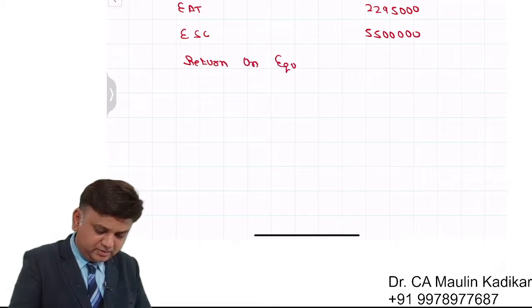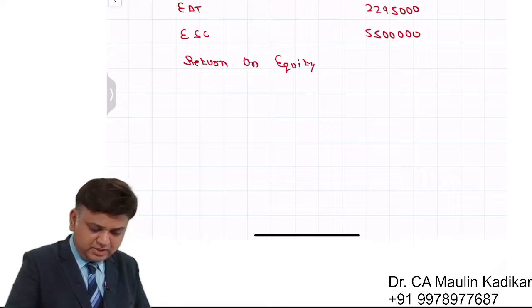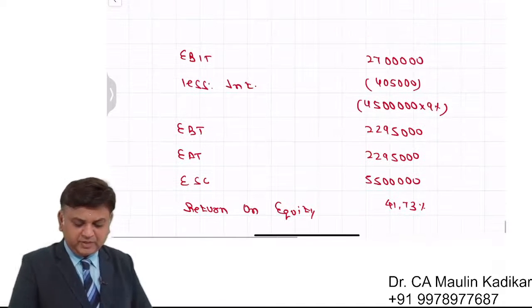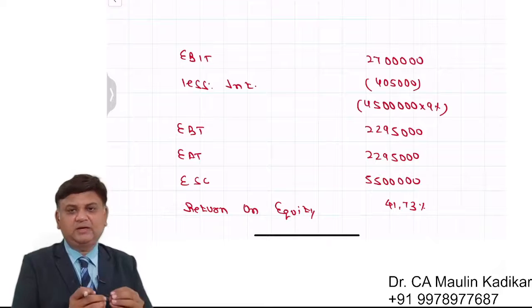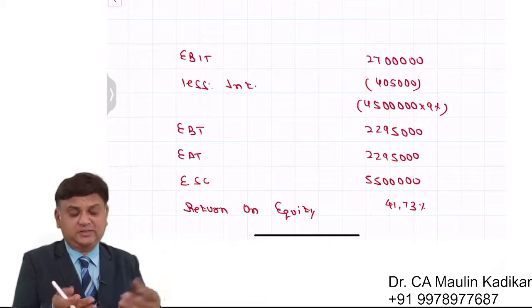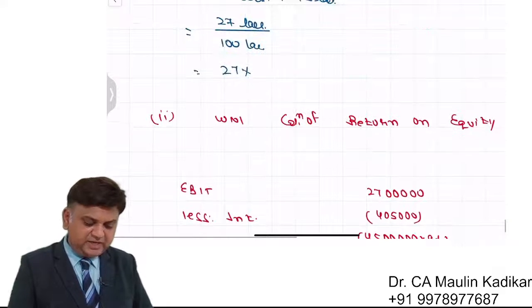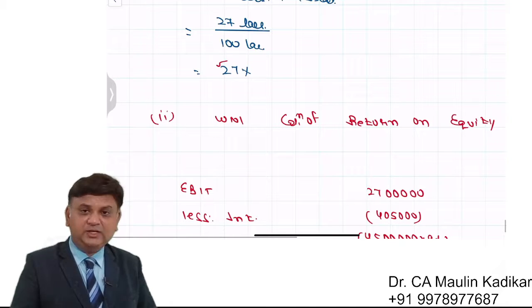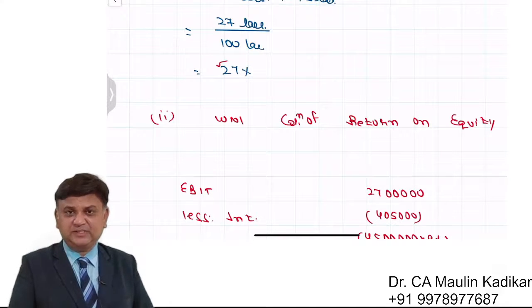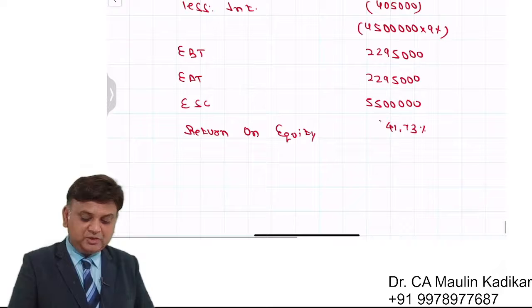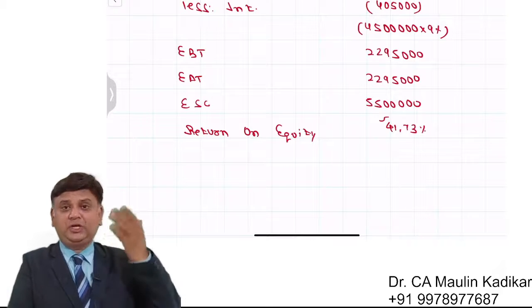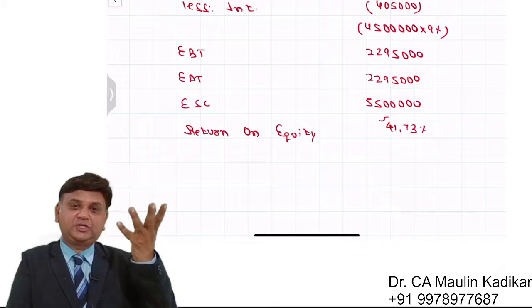Return on equity is 41.73%. So you can draw a conclusion like this: we are able to earn only at the rate of 27% from the business, yet equity shareholders are able to earn at 41.73%.